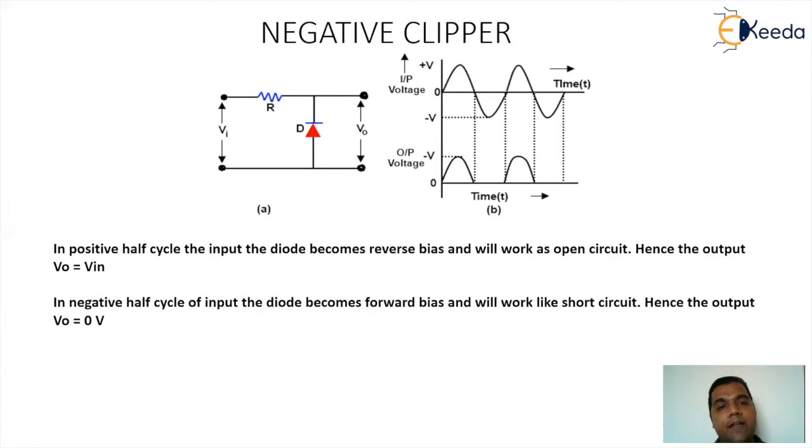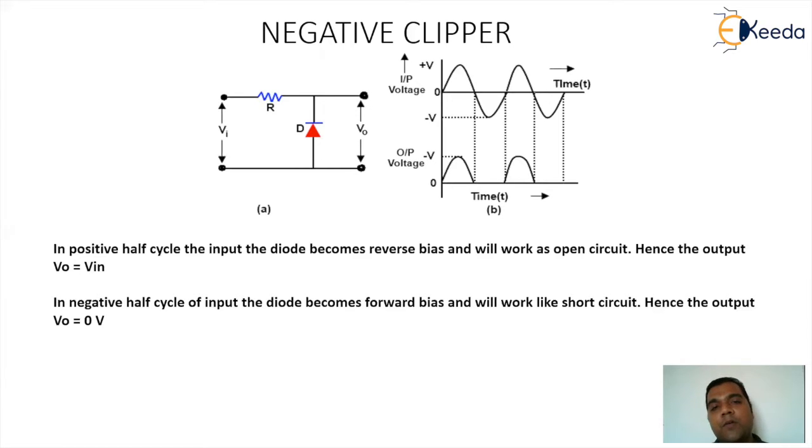And hence you will find the input is getting passed to the output terminal. So I can easily say VO is equal to Vin. In the negative half cycle, the diode will work under forward bias and it will work like a short circuit or a closed switch. Hence, you will find VO is equal to 0 volt.